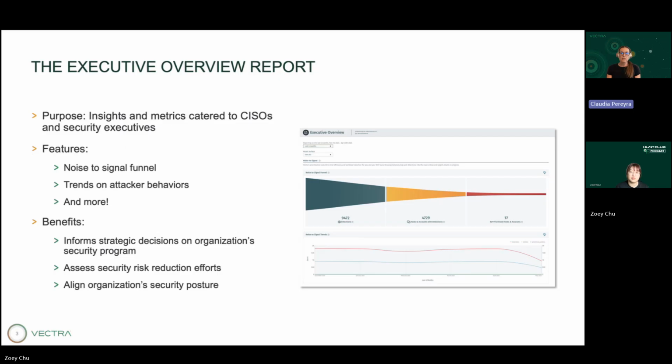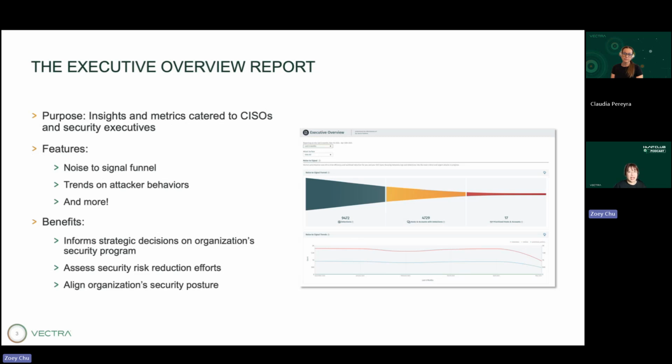One of them is the noise to signal funnel. We have trends, and there's more. The benefits are really related to providing visibility into what the platform is doing and if it's working for that organization. Ultimately, what we are trying to do is show how the platform is helping reduce risk. That's awesome.